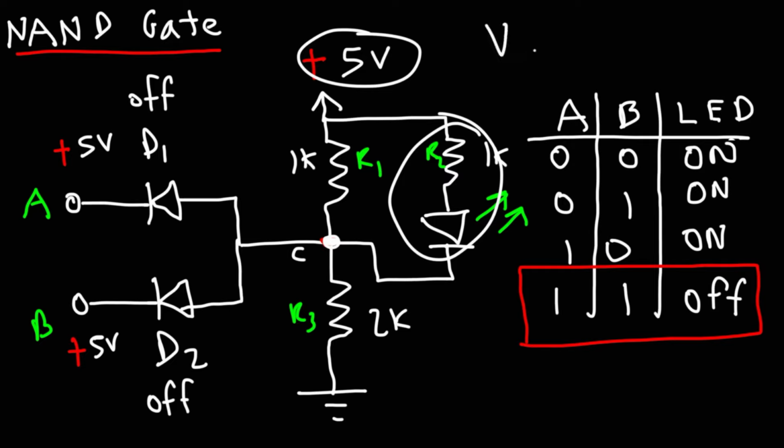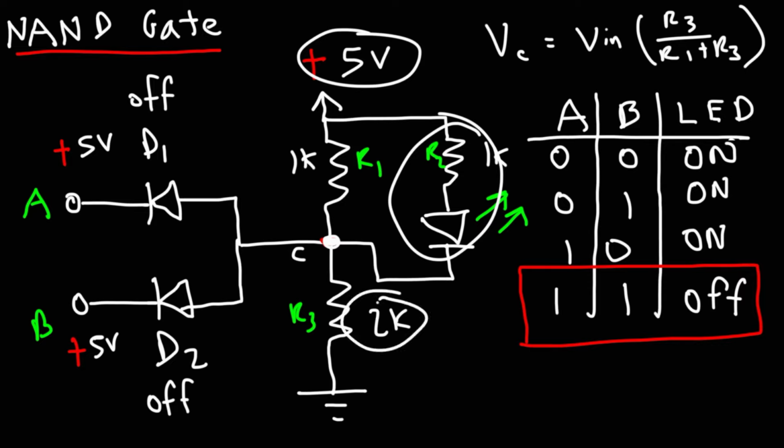So the voltage at this point, let's call it point C, will be 2/3 of 5 volts, because the sum total of these two resistors is 3K. Keep in mind, to use the voltage divider equation, the voltage at point C will be the input voltage, in this case 5 volts, times R3 divided by the sum of R1 plus R3. So it's 2 divided by 2 plus 1, which is 2 over 3.